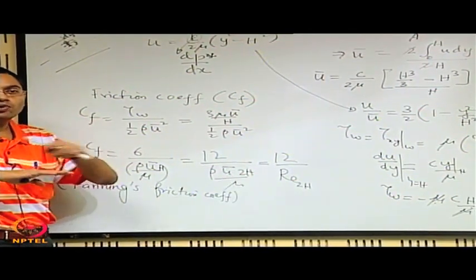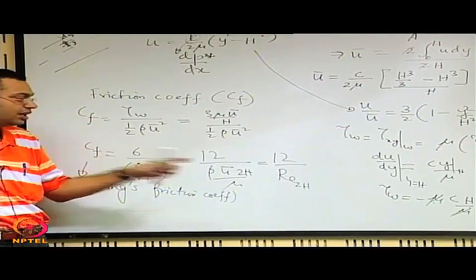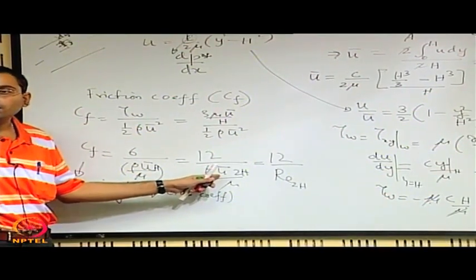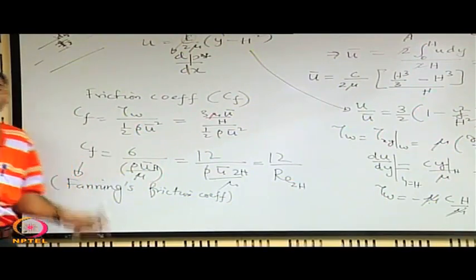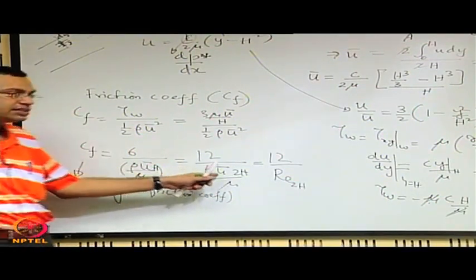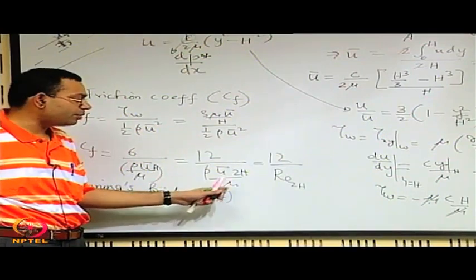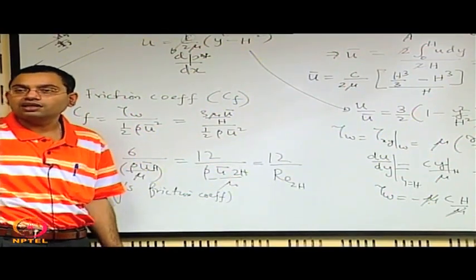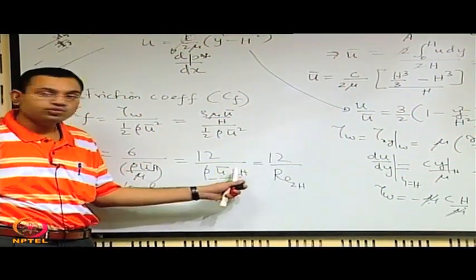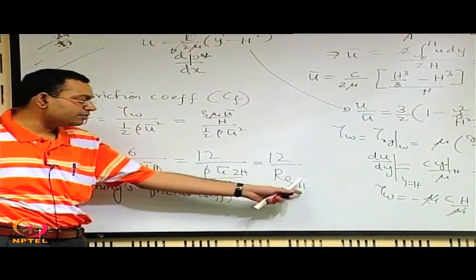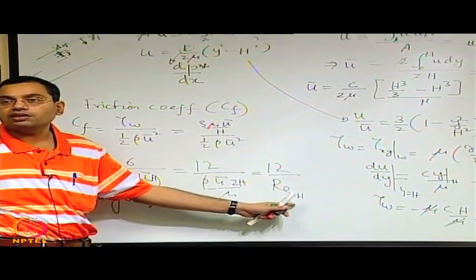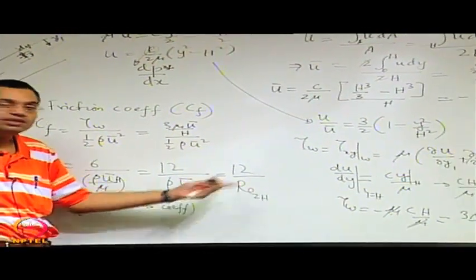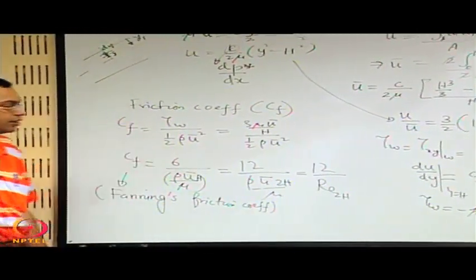See, for a flow taking place internally, the velocity that you are taking in the Reynolds number is the average velocity, because otherwise velocity varies over the section. So, you have to take some reference. The reference is the average velocity, rho and mu are properties, and the length scale is the characteristic length of the system, which is 2h, or even you may write it in terms of h, but then you have to clearly specify what is the length scale that you are taking for the Reynolds number. Usually 2h is taken as the length scale.